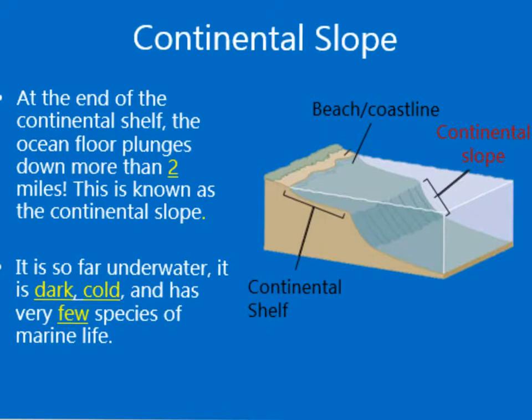The continental slope is at the end of the continental shelf, and the ocean floor plunges down more than 2 miles. This is known as the continental slope. It is so far underwater it is dark, cold, and has very few species of marine life.